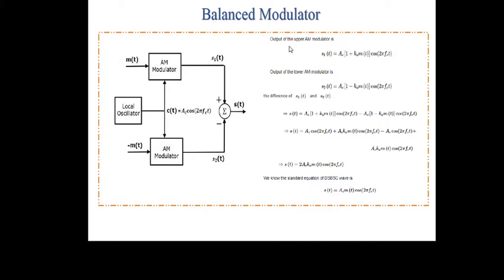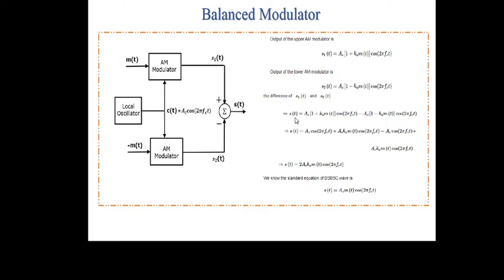The output of the upper modulator is s1 of t equals Ac [1 plus ka m of t] cos 2 pi fct. The output of the lower modulator is s2 of t equals Ac [1 minus ka m of t] cos 2 pi fct.